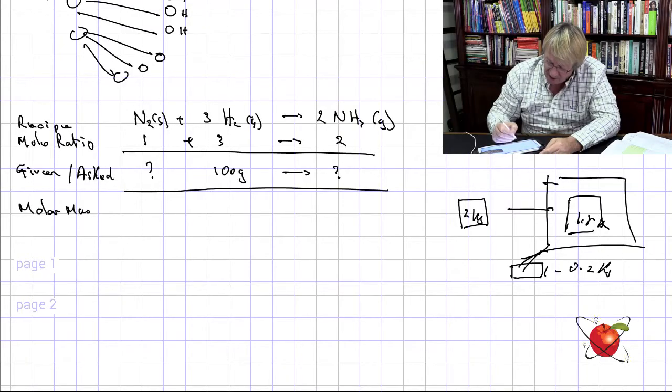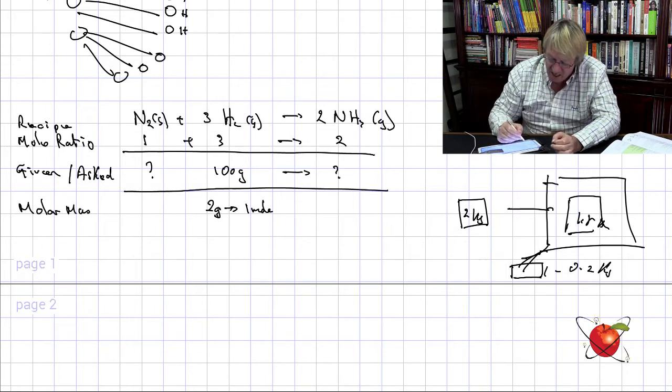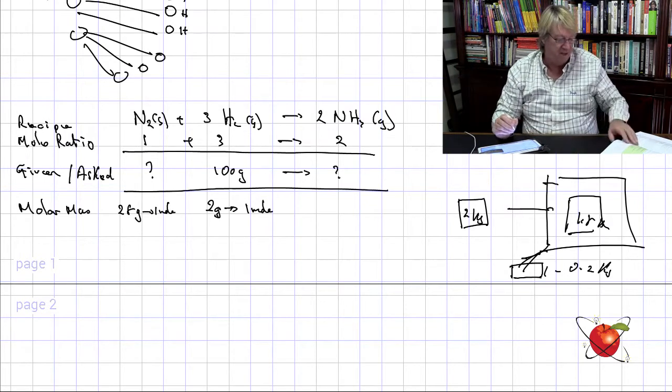So I say molar mass of H2 is 2 grams. 2 grams per 1 mole. In other words, if I weigh out 2 grams of hydrogen, I've got 1 mole. Right? Nitrogen, okay, I think 14 is nitrogen on its own, times 2 is 28 grams per 1 mole. Agreed? Okay? Just check.